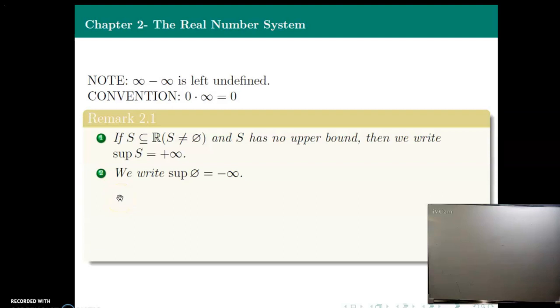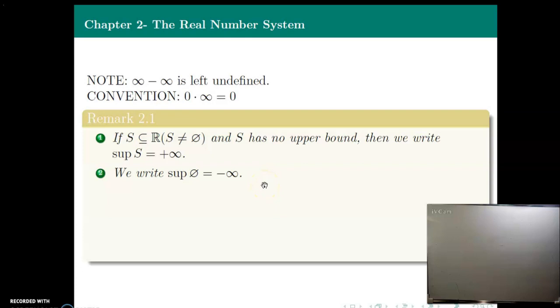Now here, with respect to the extended real numbers, the supremum of the empty set is negative infinity. Why? With respect to the extended real numbers, whereas with respect to the real numbers, the supremum of the empty set does not exist. Here, the supremum is negative infinity.